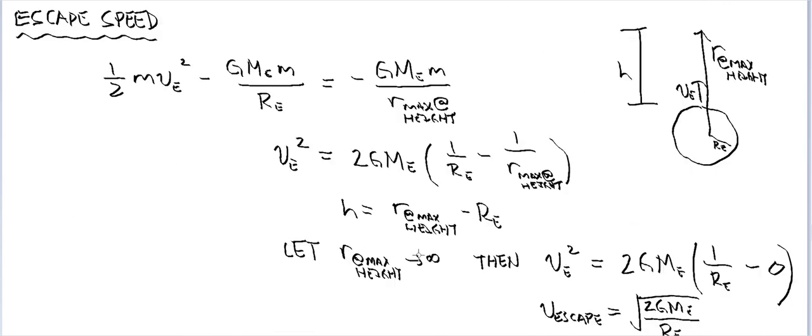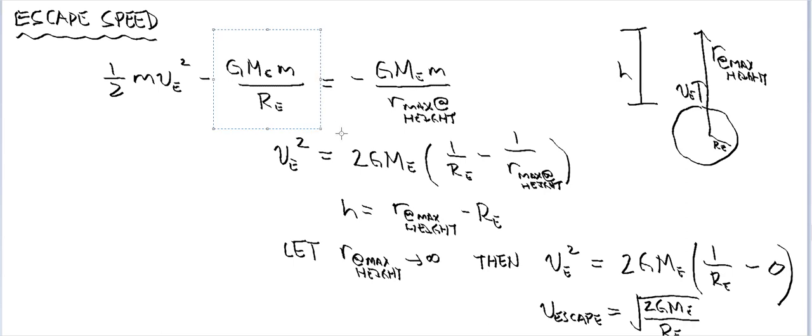All right, let's calculate escape speed. Again, because this is cool. So if you're standing on the surface of the Earth and you throw a baseball straight up, well, we could just conserve energy, right? You threw this thing upwards with some speed v earlier, so it has kinetic energy when it leaves your hand of one half m v squared.